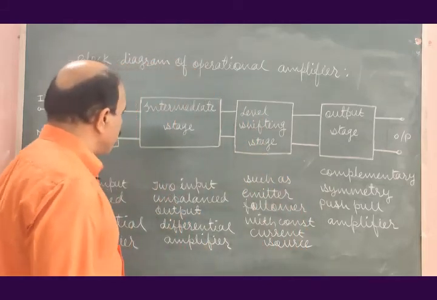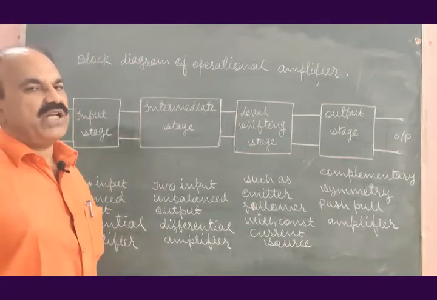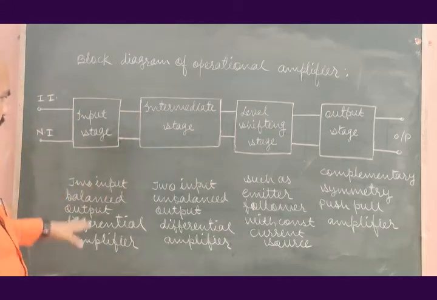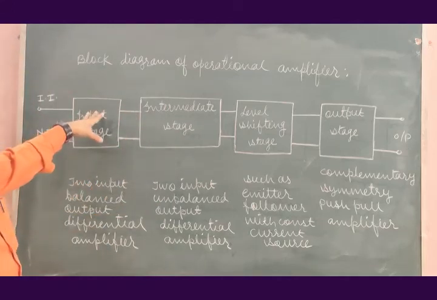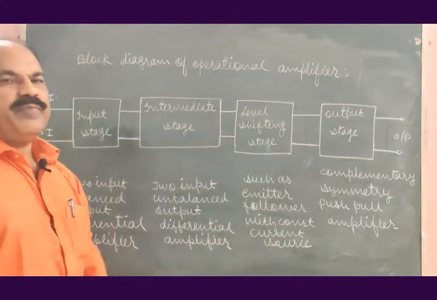So this is about the block diagram of operational amplifier. I have explained each block: what these blocks are, as written below these blocks.